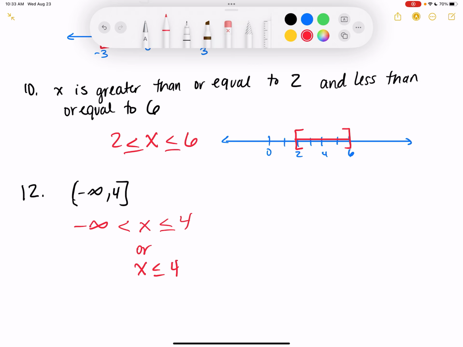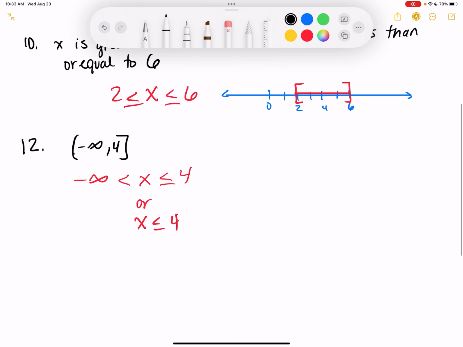All right, so 14. Same instructions, but this time they give us a number line graph. The graph is from -5 to 5. Now, on the actual graph, I'm going to do it in red so you can see it.